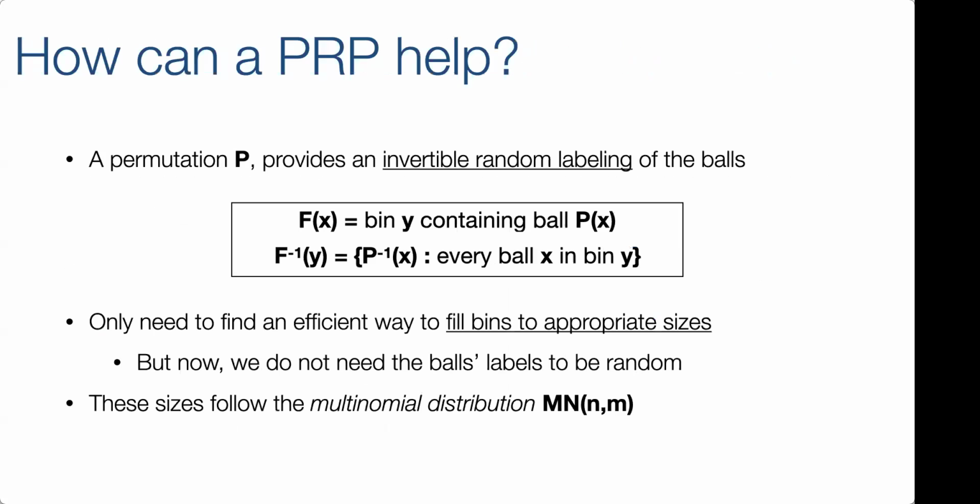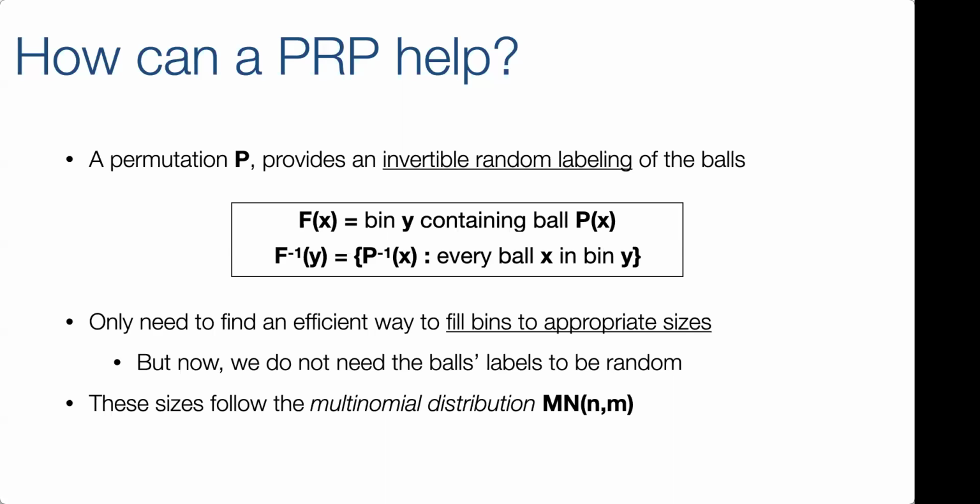Okay. So it turns out that although PRPs didn't solve the problem for PIR, they can be very helpful when we're building an invertible PRF. Specifically, a permutation provides an invertible random labeling, which is going to reduce our problem to just sampling a simpler distribution. Before, I told you we're throwing labeled balls into labeled bins, but it turns out that throwing unlabeled balls with a PRP is enough to get an invertible PRF.